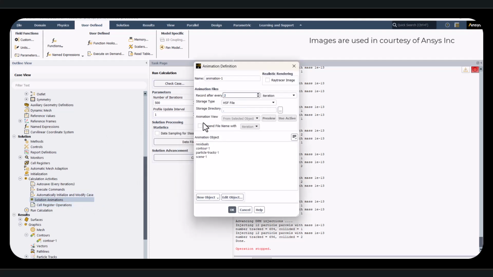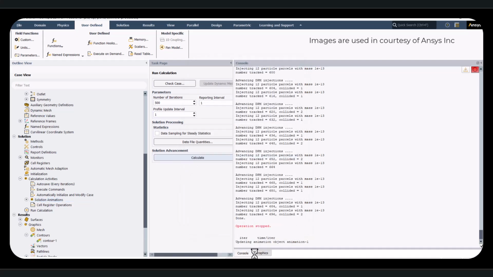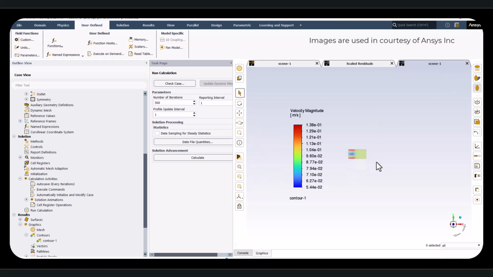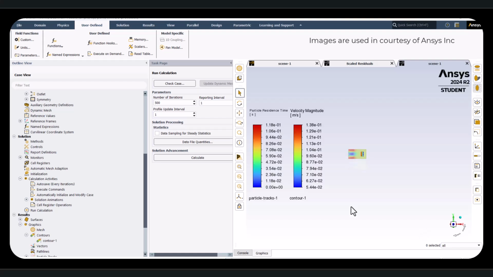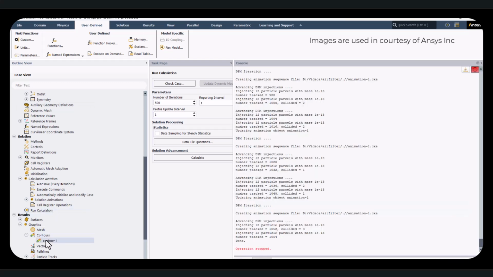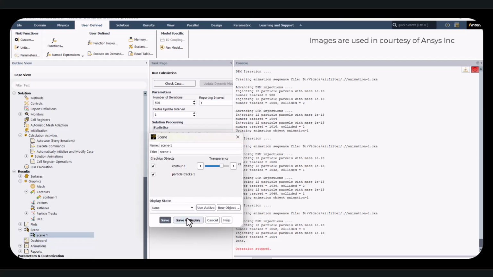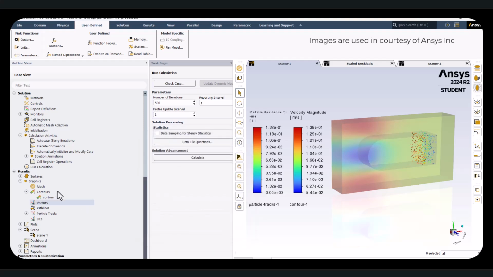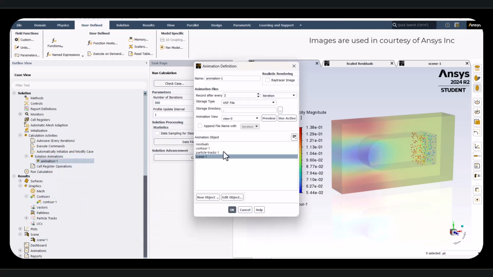For every 2 time steps, 2 iterations, the scene is active. Okay, we'll check. We'll zoom the image. We'll check once. Save display. Yeah, this is okay. Initially, we'll just save. Check the preview also of this.